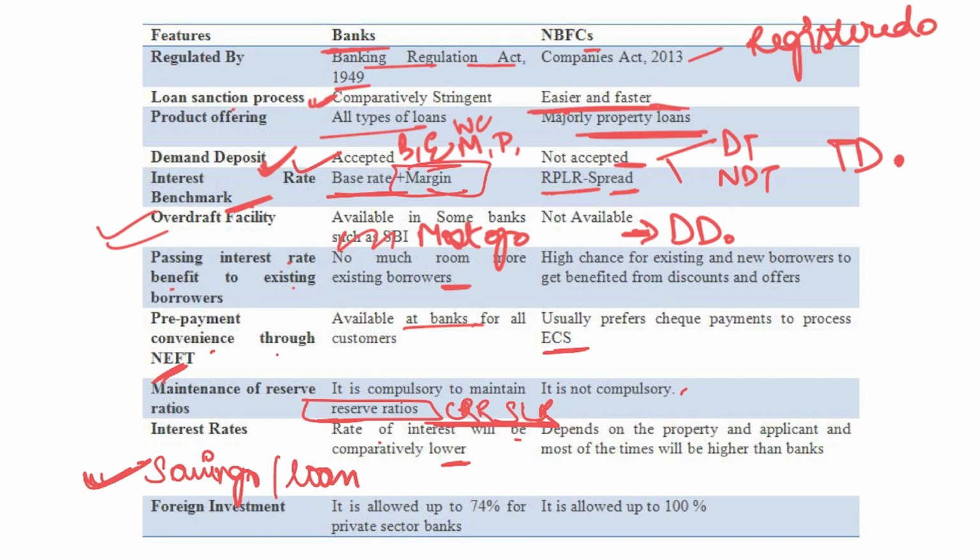NBFCs charge a high rate of interest on loans, and at the same time give a high rate on the deposits which they accept. And for foreign investment, in the case of banks the ceiling limit is 74% in private sector banks, but in NBFCs it is up to 100%. So these were the broad topics on which banks and NBFCs are differentiated.